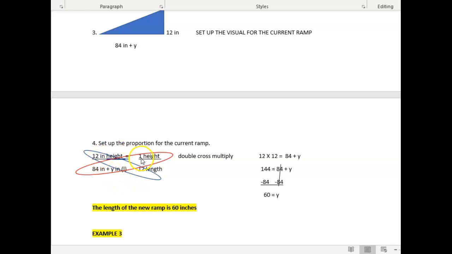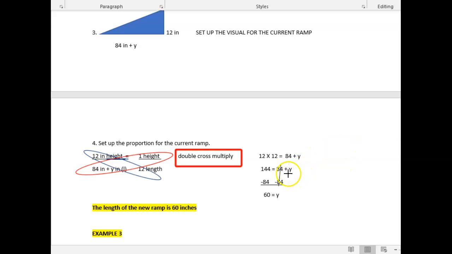Value, numeric value, numeric value, numeric value. When you have your proportions, your two ratios, and they both have numeric values in them, you're now going to do what we call double cross multiply. Yes, you are going to double cross multiply.